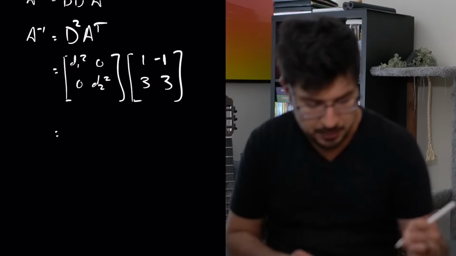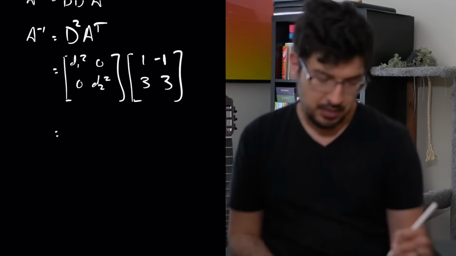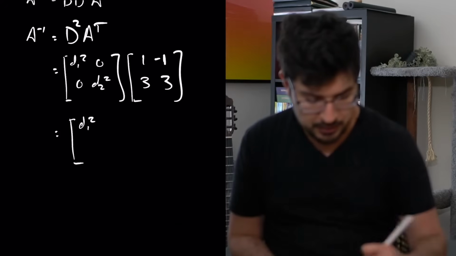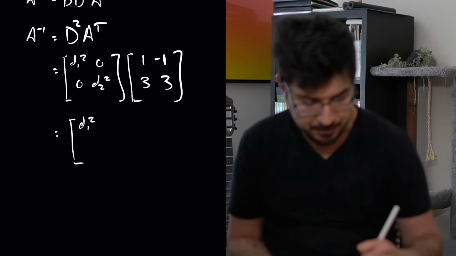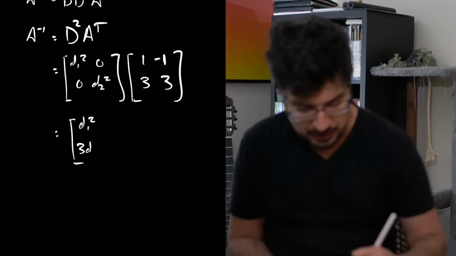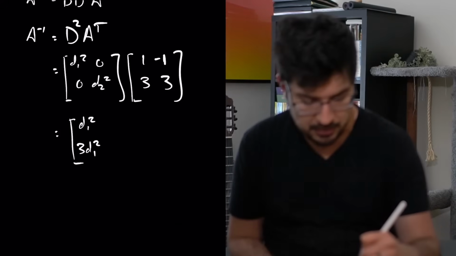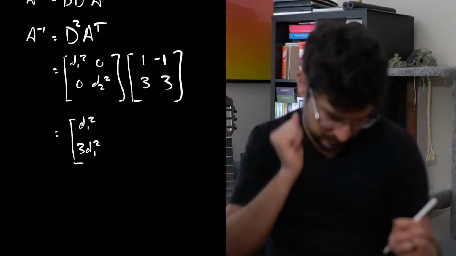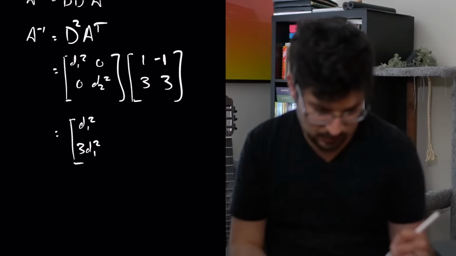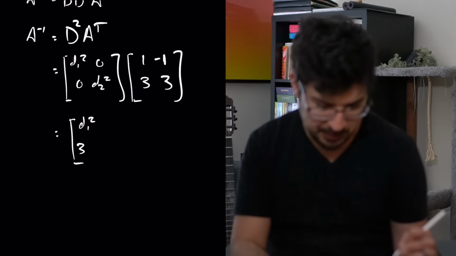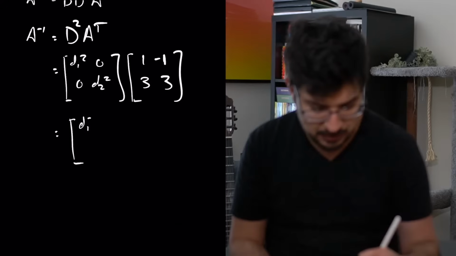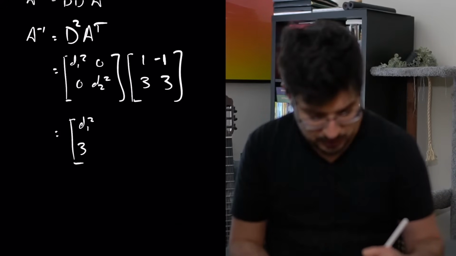And this would be D1 squared, 3D1 squared, negative... Oh, wait. D1 squared, 3D2 squared.